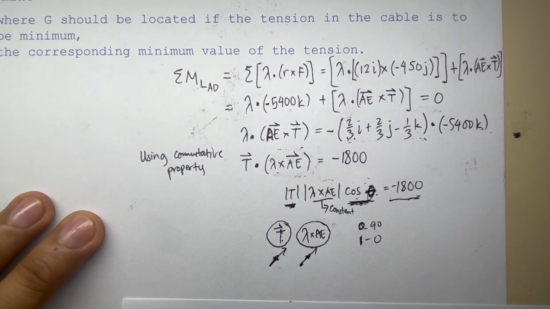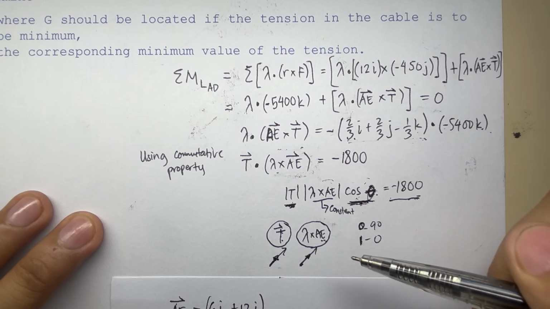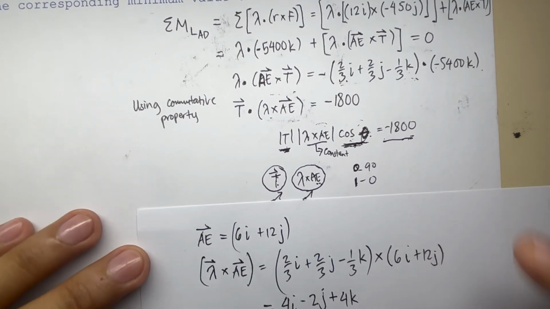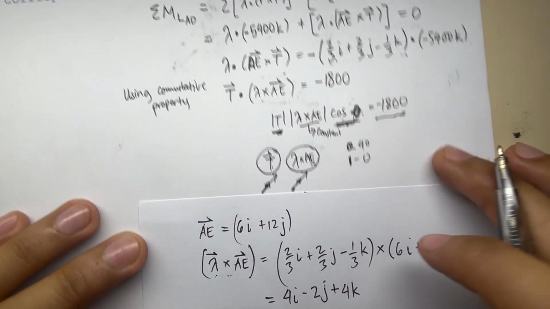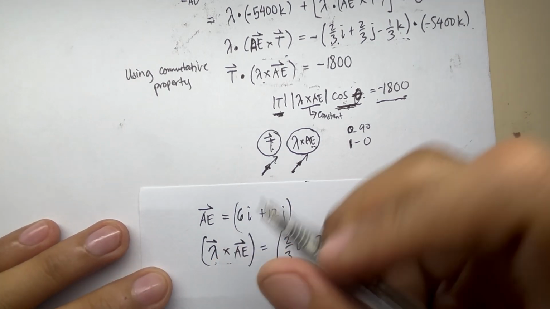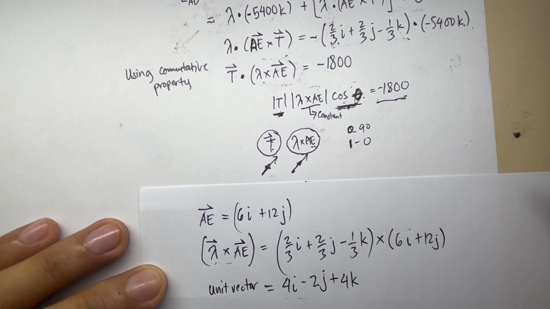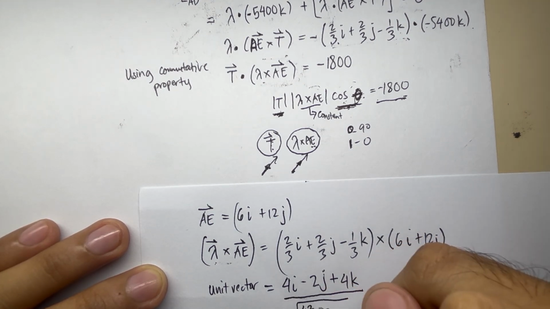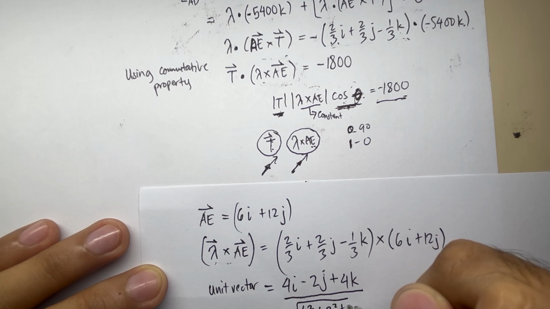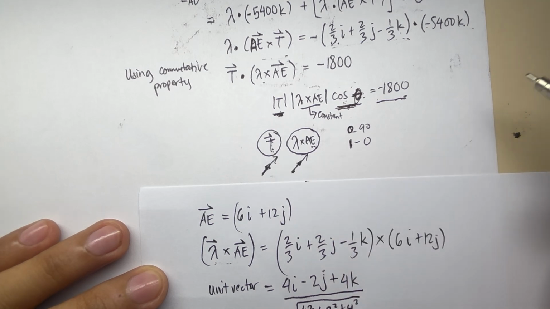So how do we get the unit vector of this vector lambda cross AE? We simply divide this one by the magnitude of the vector lambda cross AE. So the unit vector, if we divide this by the square root of 4 squared plus 2 squared plus 4 squared, that would be the unit vector that is also equal to the unit vector of t.